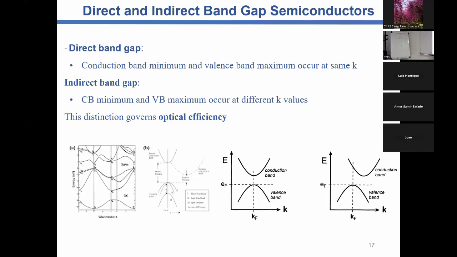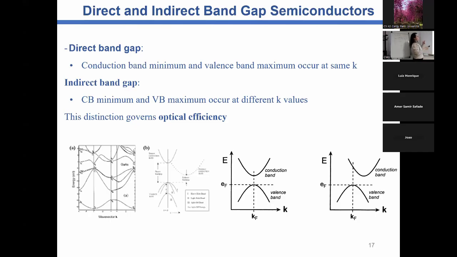And if we have this kind of energy gap, that is an indirect energy gap, we will lose too much energy to thermal conversion because of the interaction with the lattice.